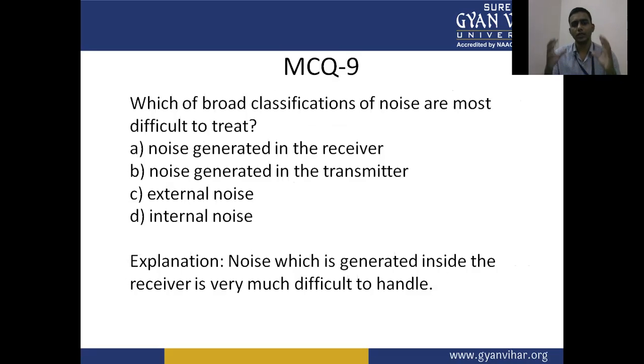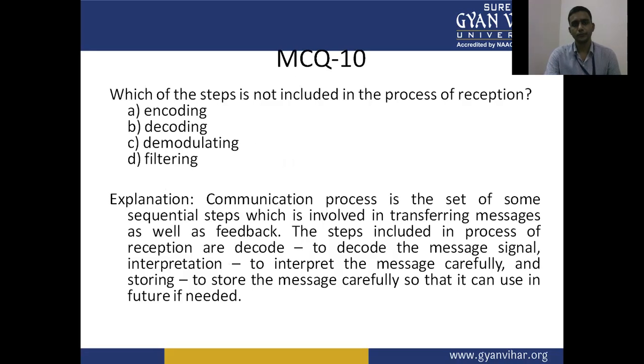A, noise generated in the receiver, B, noise generated in the transmitter, C, external noise, D, internal noise. Question ten: which of the steps is not included in the process of reception? A, encoding, B, decoding, C, demodulating, and D, filtering.